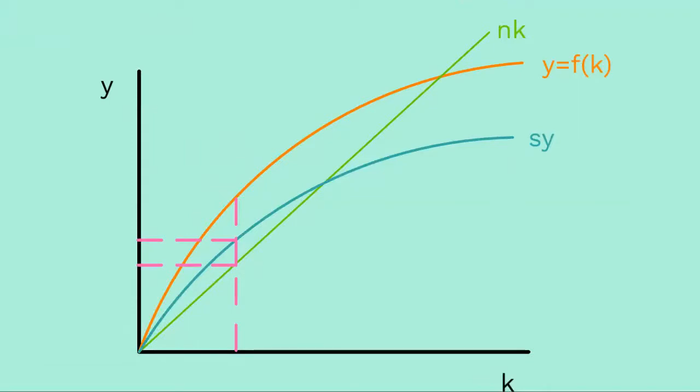It is telling us the amount of investment that takes place at the level of income that is defined by that capital stock. The bottom one is the nK line that is telling us the investment that is necessary to keep the capital stock per person unchanged.